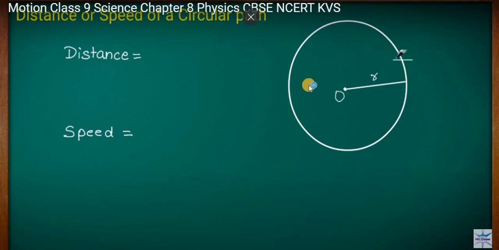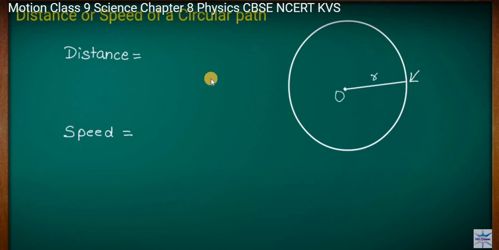Suppose this is the circular path, and its radius is R. If an object starts from here and then comes back again over here, the distance covered along this path is the circumference.